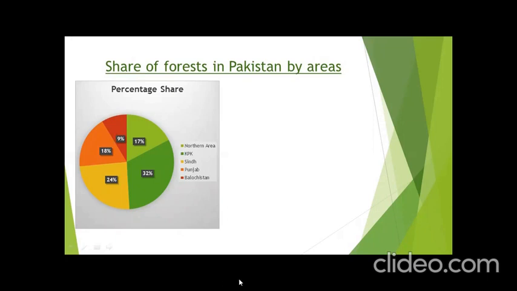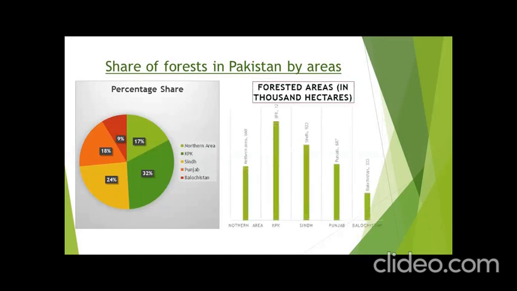The increase in forest is being achieved by afforestation programs and regeneration, yet this is far below the minimum requirement. According to the survey under the REDD Plus program, KPK has the highest forest cover at 32%, followed by Sindh 24%, Punjab 18%, and northern areas 17%.